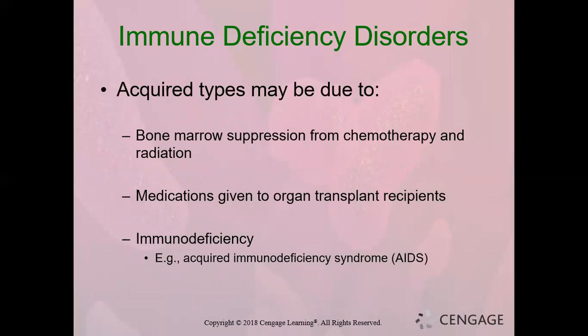So they can have some acquired types, maybe due to bone marrow suppression from chemotherapy. This is preventing their body from being able to fight off whatever it is they may get. Medications given to organ transplant recipients, and then AIDS.